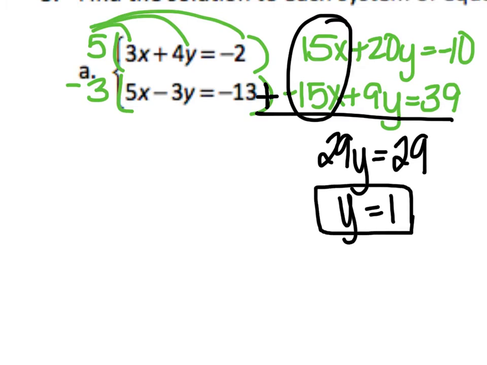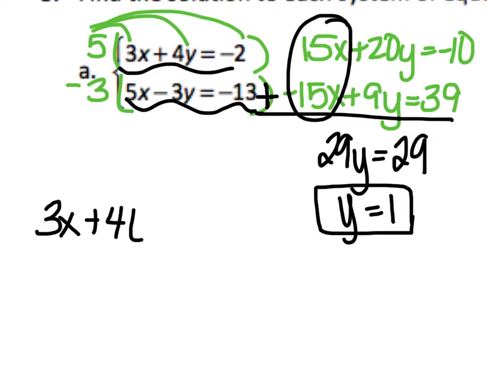And now just like before in level 2s, it doesn't matter which equation you substitute y equals 1 in for. You could do the first one, you could do the second one, you can do the ones that you multiplied by. It doesn't matter. I'll pick the first one again just to keep it consistent. So 3x plus 4 times 1 equals negative 2, and I'll go ahead and solve for x.